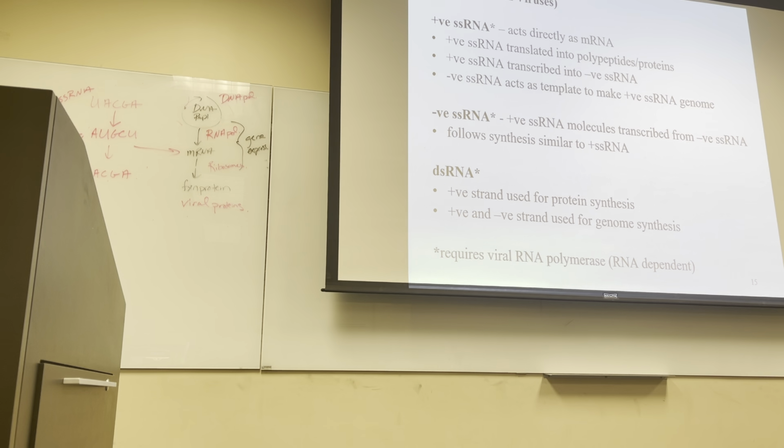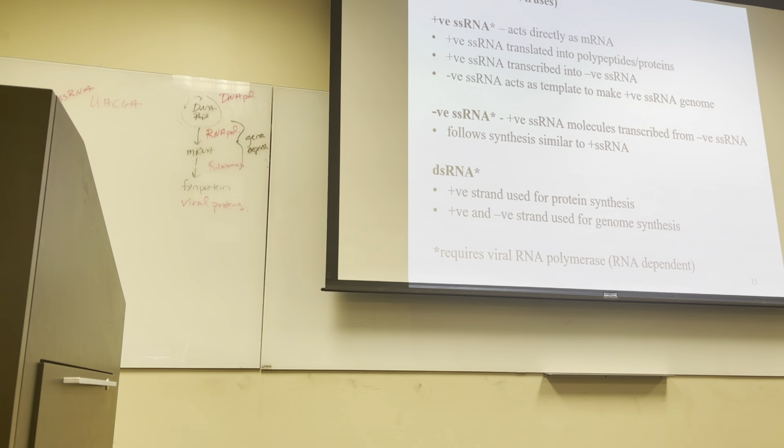Okay? The last RNA virus that follows this pattern, well, there's another one beyond that, is double-stranded RNA. And this one, I think, is pretty more straightforward. You basically have both sides of it to begin with, right?